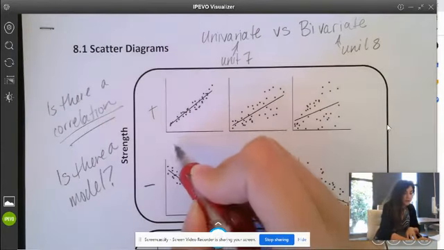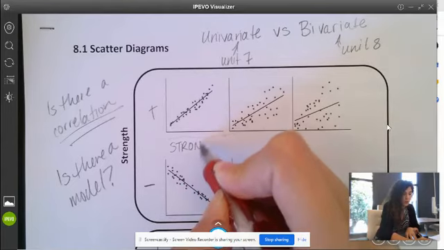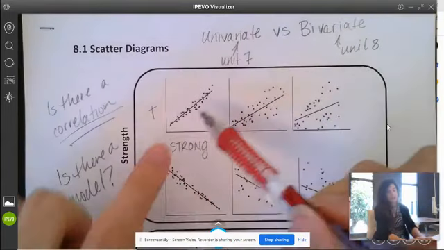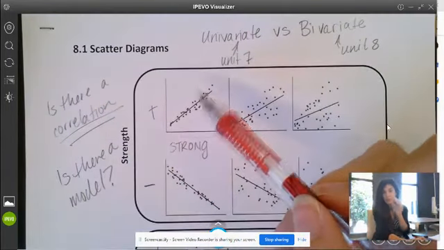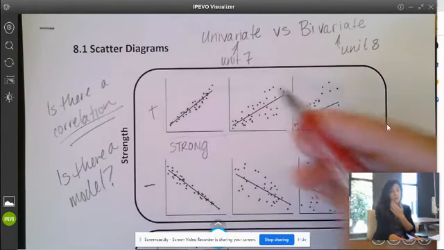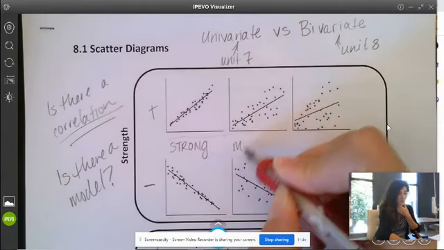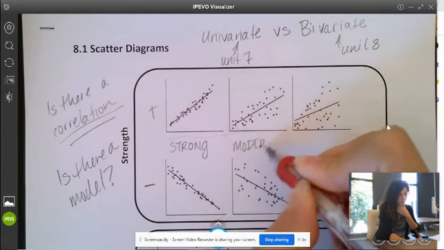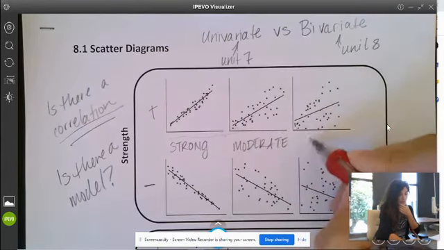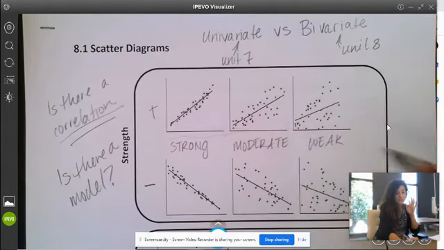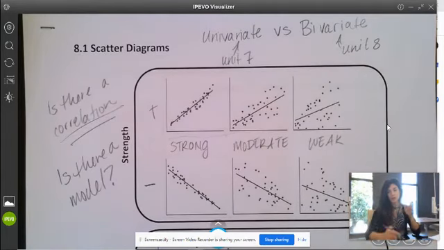Now you can have a strong correlation. Notice here, it's very tightly grouped around a line. You could have a moderate strength, and you could have a weak one. Now, all of these still have a correlation, right? They all still are trending one way or another.